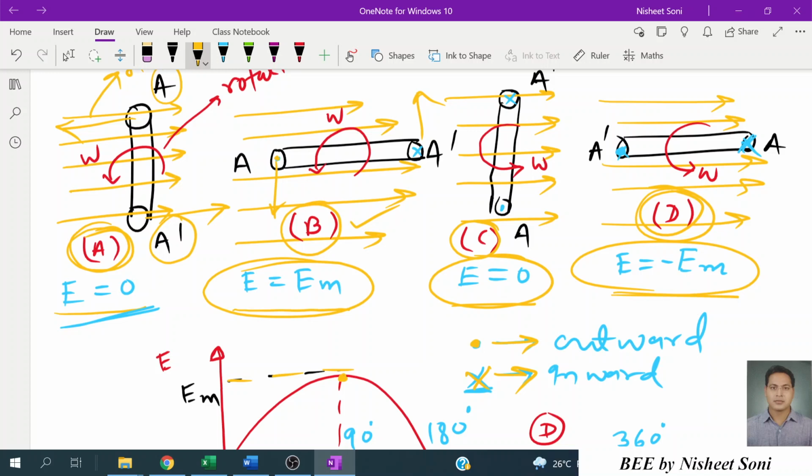If you put a cross, that means the direction of EMF is inward. This is opposite to the direction of EMF induced at condition B. So in condition B, the coil side A has a dot, and in condition D, coil side A has a cross.